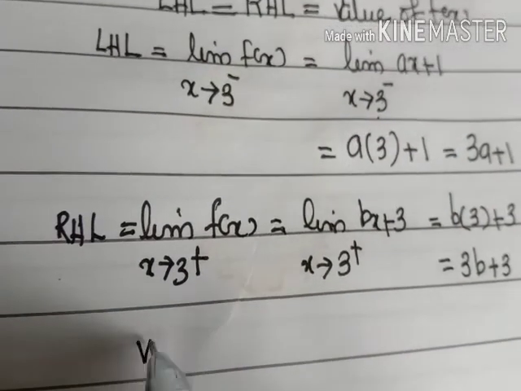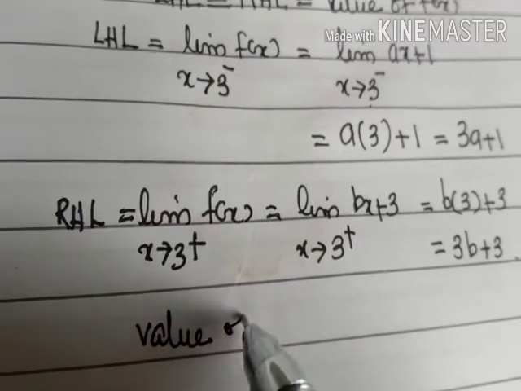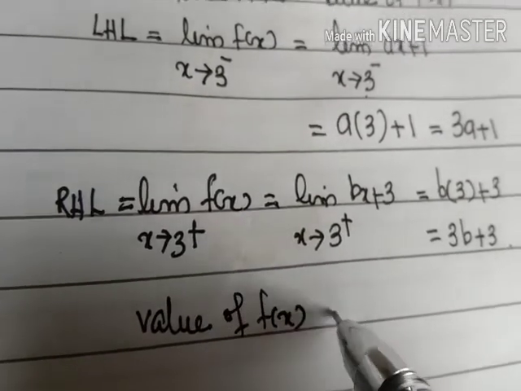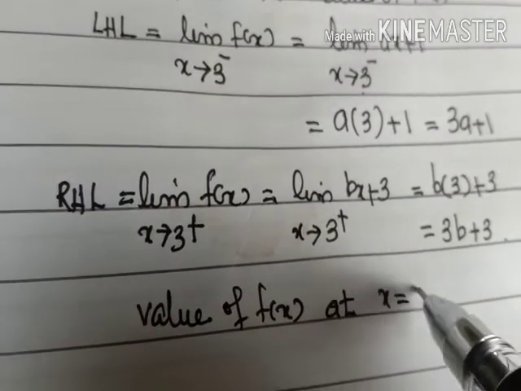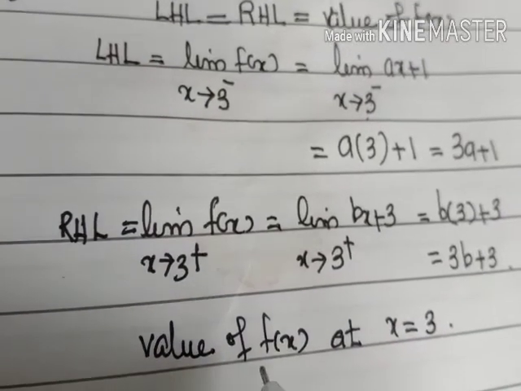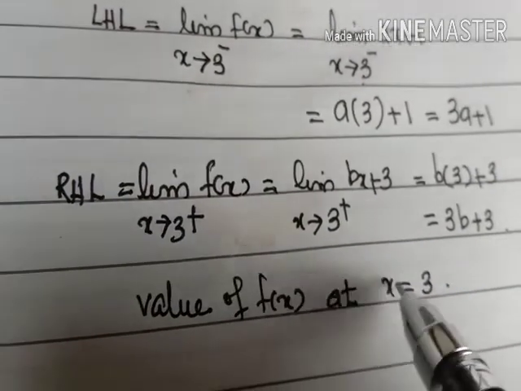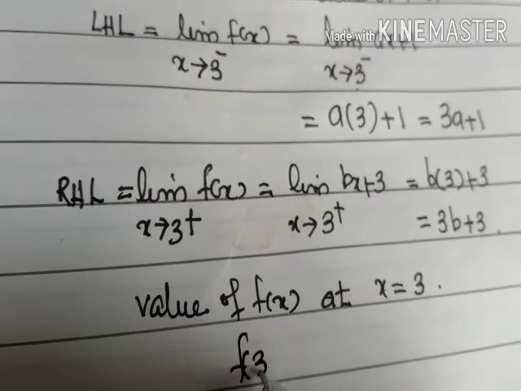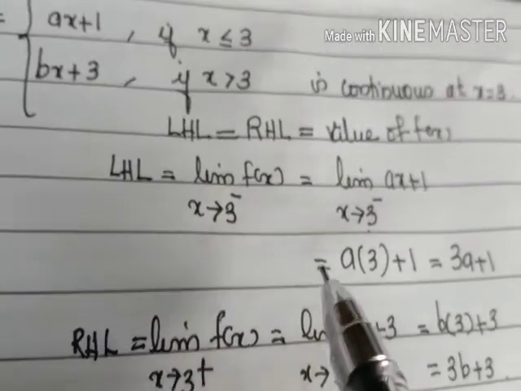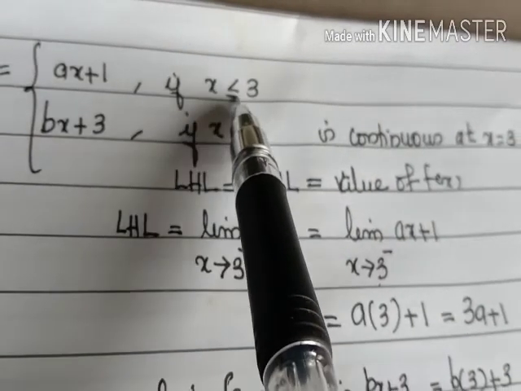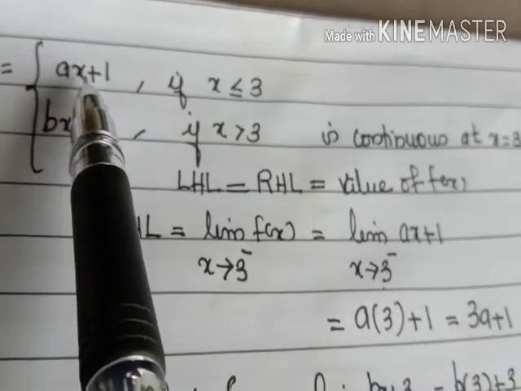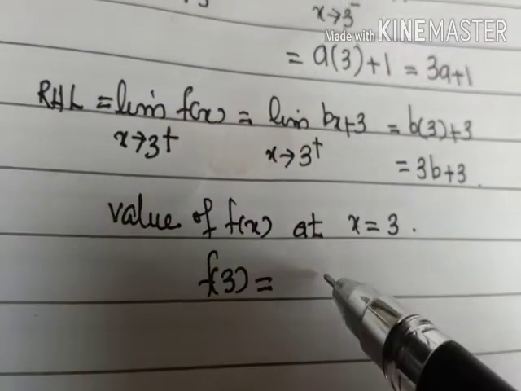Now the value of the function f of x at x equal to 3. The value of the function at x equal to 3 means f of 3, we can directly write from here. When x equal to 3, f of x is defined as ax plus 1.